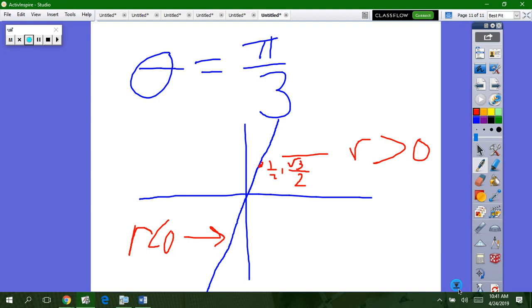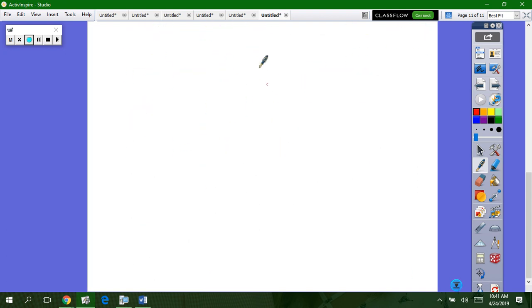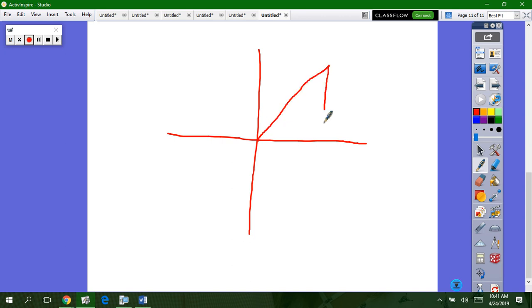I'm going to draw this a little bit nicer. So if that point is over 1/2, up root 3 over 2, isn't this the equation of a line right here? Just an equation of a line, isn't it? Even if I went down into here.